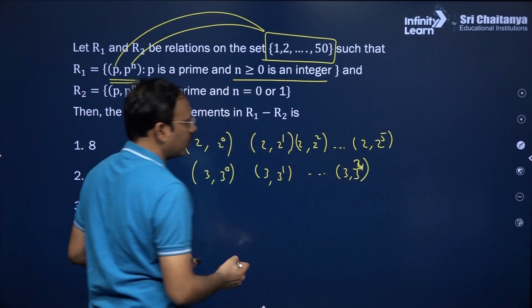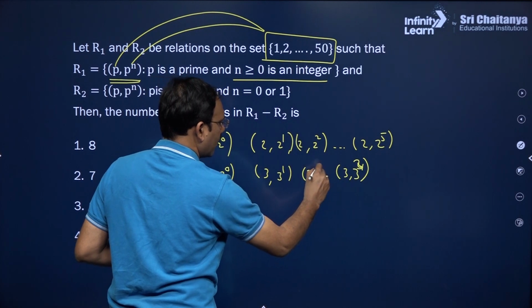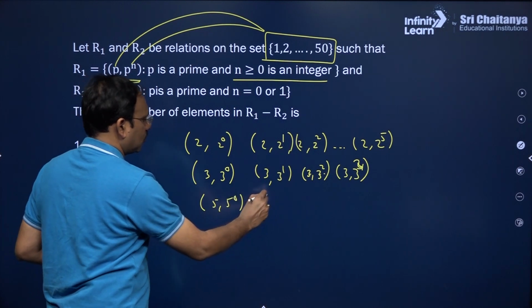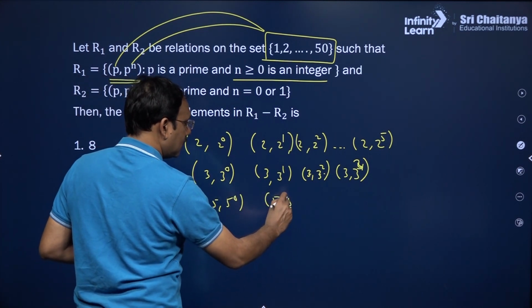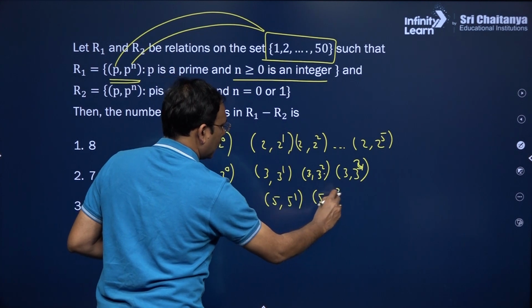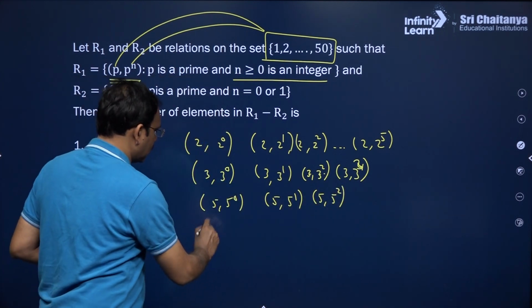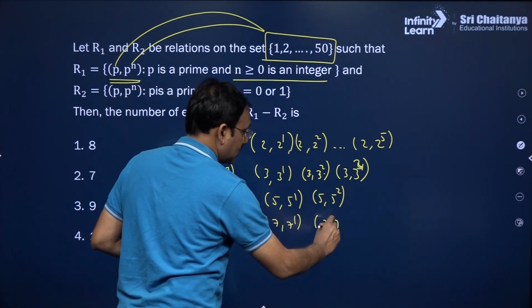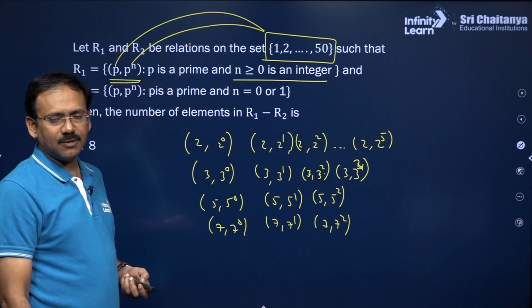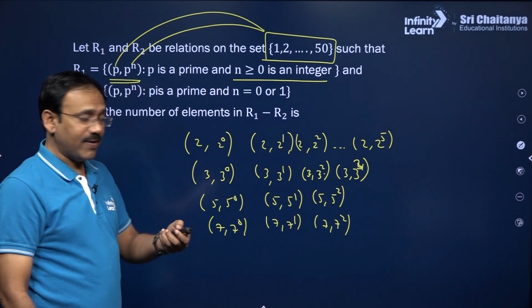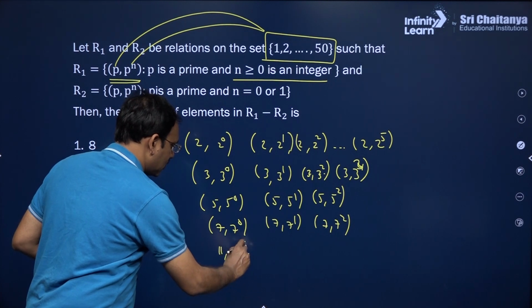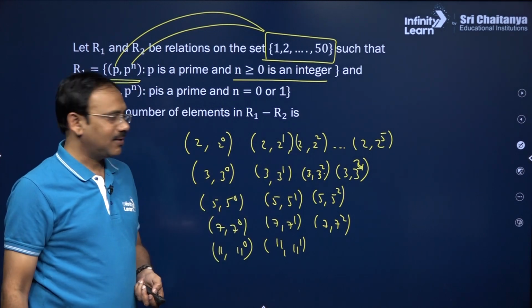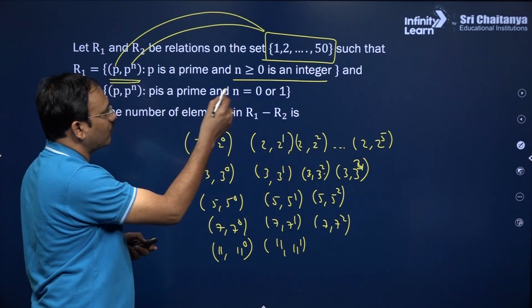So 3 cube, it is going to have 3 power 1, 3 square, my dear friends. Now the next prime number is 5: 5 power 0, 5 power 1, 5 square 25. Then 7 also, 7 power 0, 7 power 1, 7 square 49. Next prime number, after 8, 9, 10, is 11. So 11 power 0, 11 power 1. You won't get the square of any other. You see, we know there are 15 prime numbers from 1 to 50.